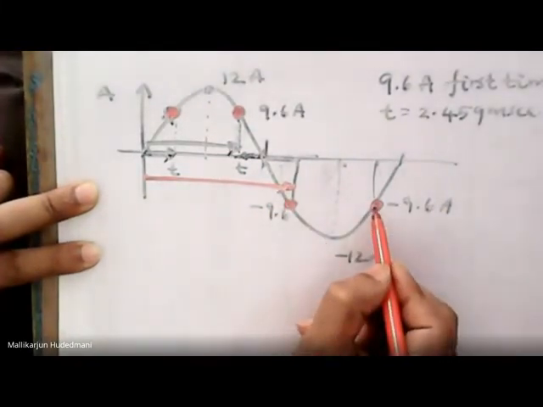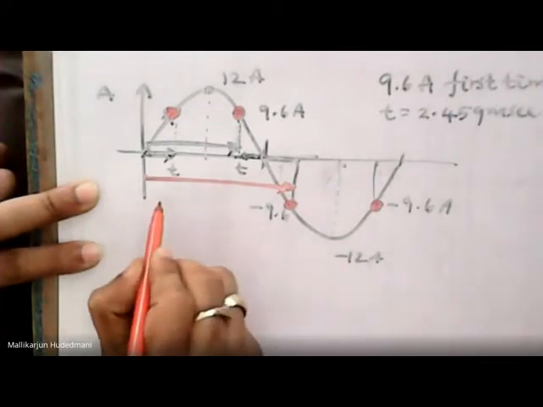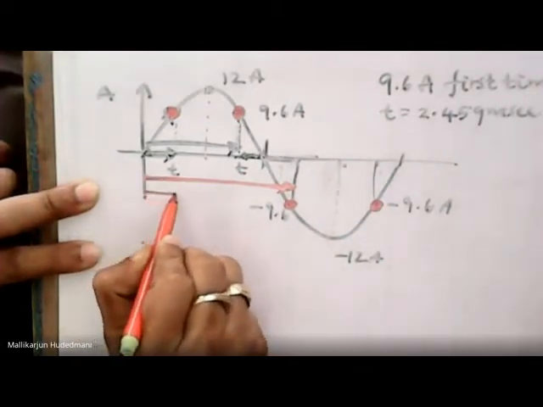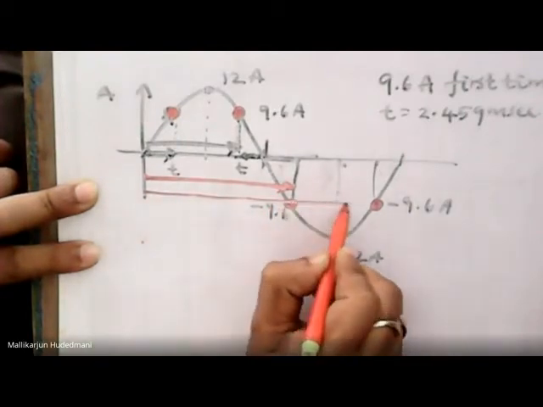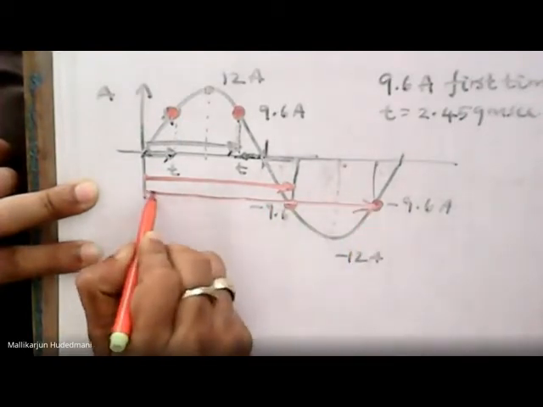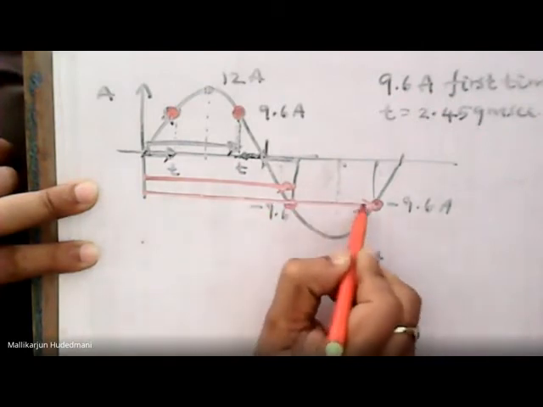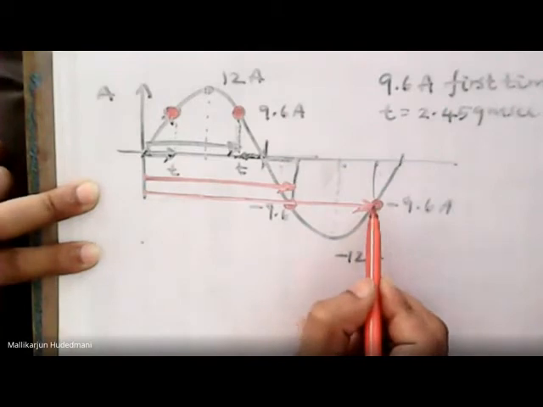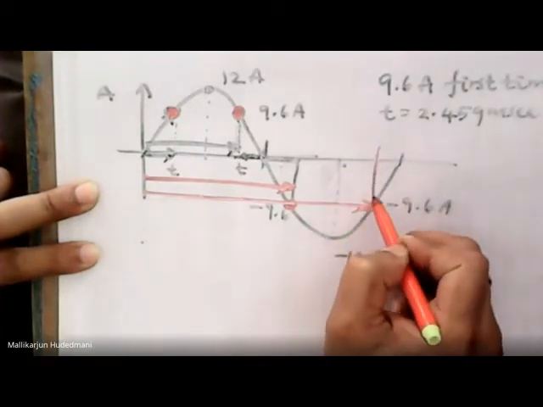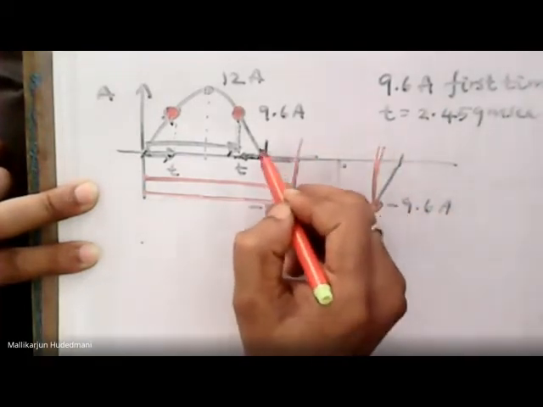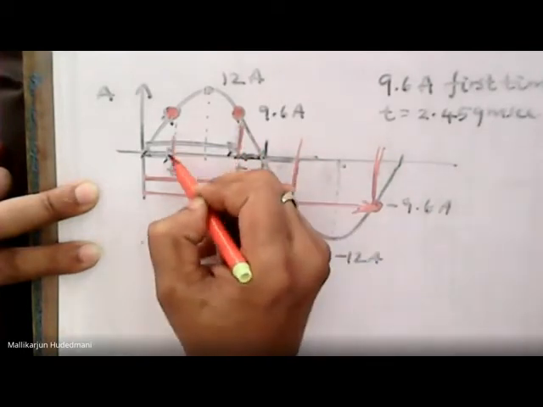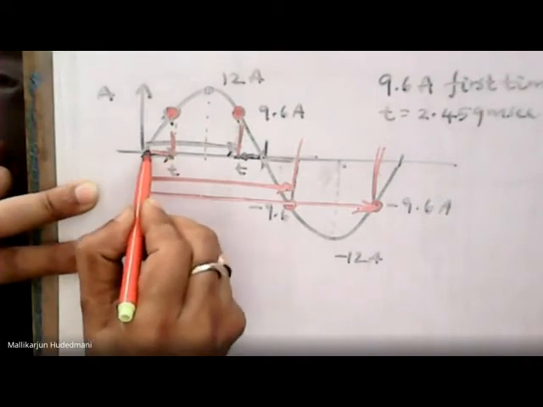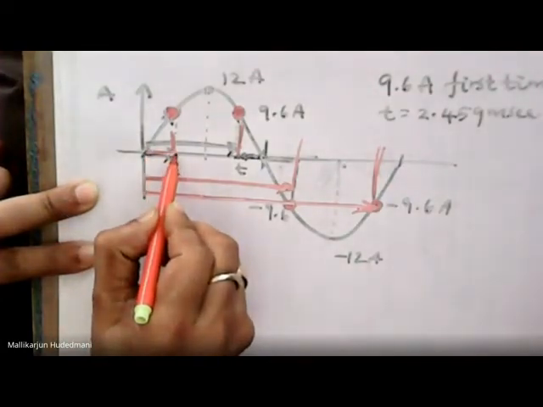Then 9.6 after the negative max means again this time length. Let me mark it on the other side here. This is the length. Let me darken it. Correct? So you can see the length of time. This is the time over here. This length is the time for the first-time 9.6.